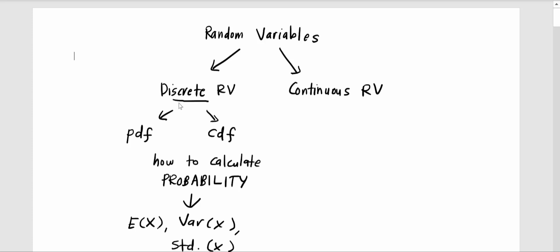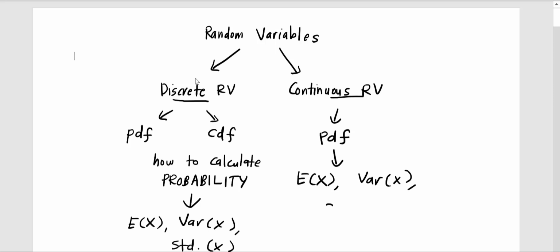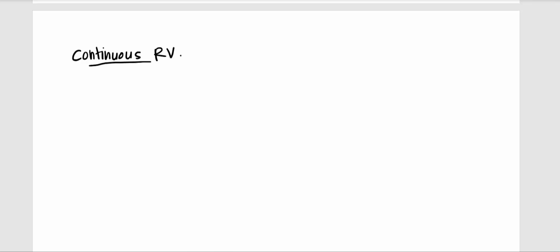Okay, so today we are going to look at the continuous random variables, the PDF, and also how to calculate the expected value, variance, and also the standard deviation. In the continuous random variables, we have the probability distribution function, PDF.